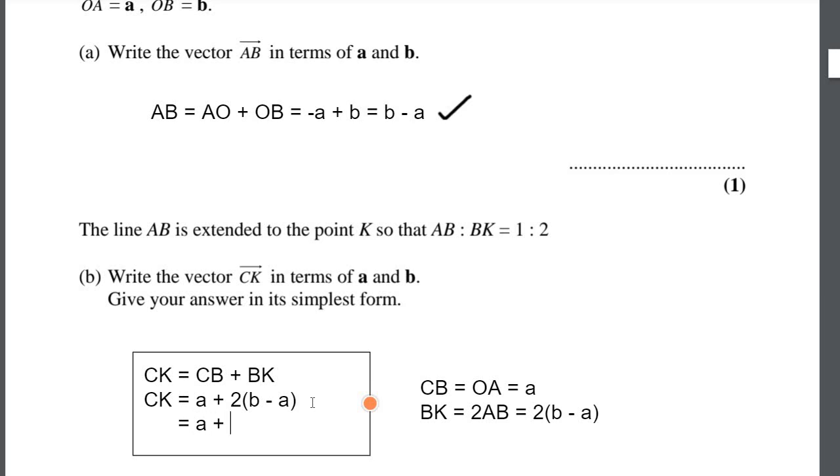If you remove the brackets, you have to multiply throughout by 2. 2B take away 2A. And so we have 2B, and A minus 2A is minus A. So this is our value of CK. CK is 2B minus A.